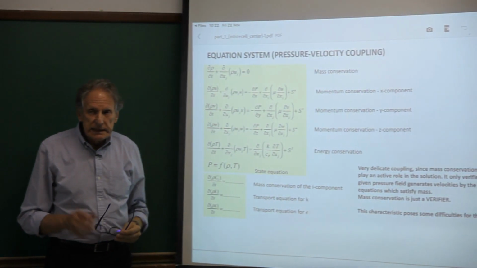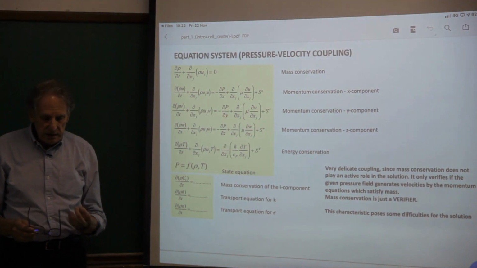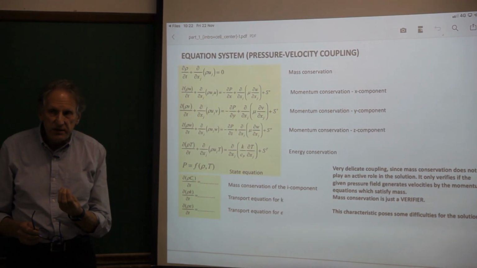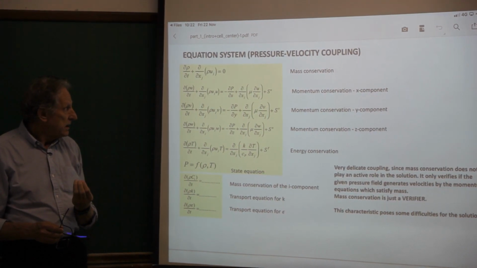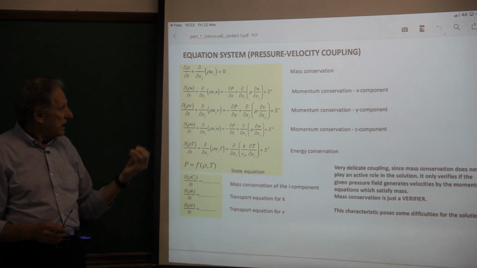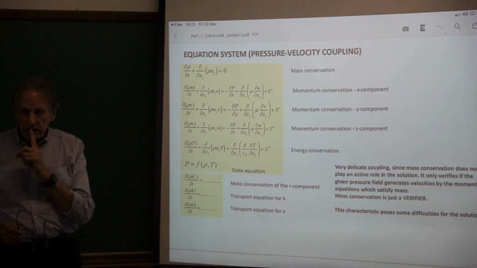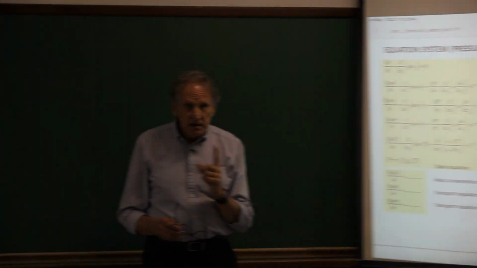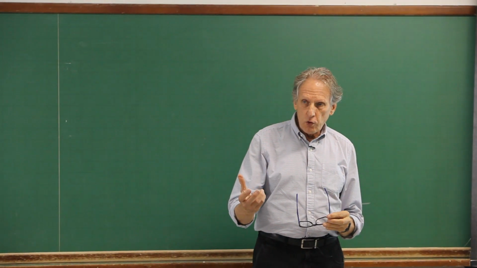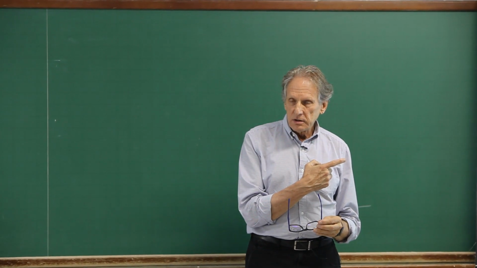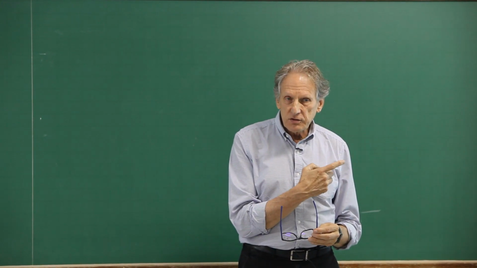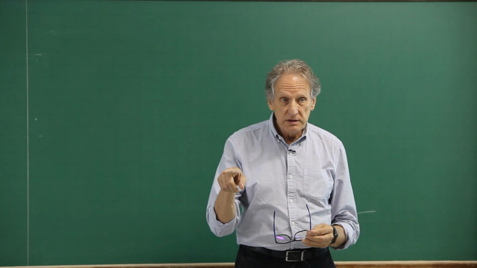Remembering that the Navier-Stokes equation has a very delicate coupling. Why? Because mass conservation does not play, let's say, an active role in the solution. Because mass conservation has no pressure.